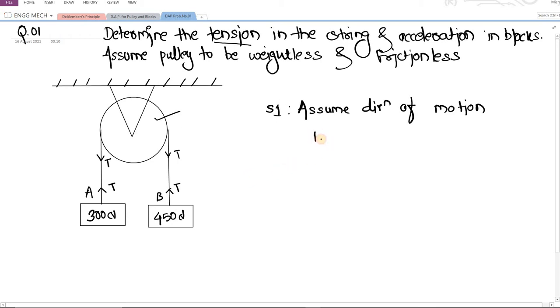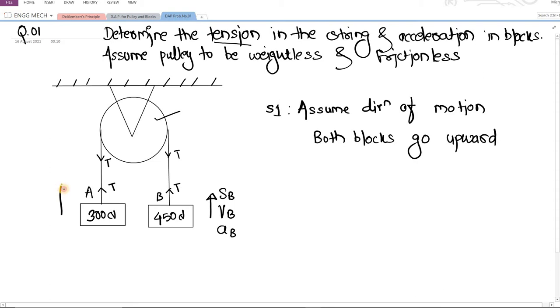Okay, both blocks go upward. Okay, and we will be mentioning this with the symbols SB, VB or AB upward, and SA, VA and AA, that is acceleration.